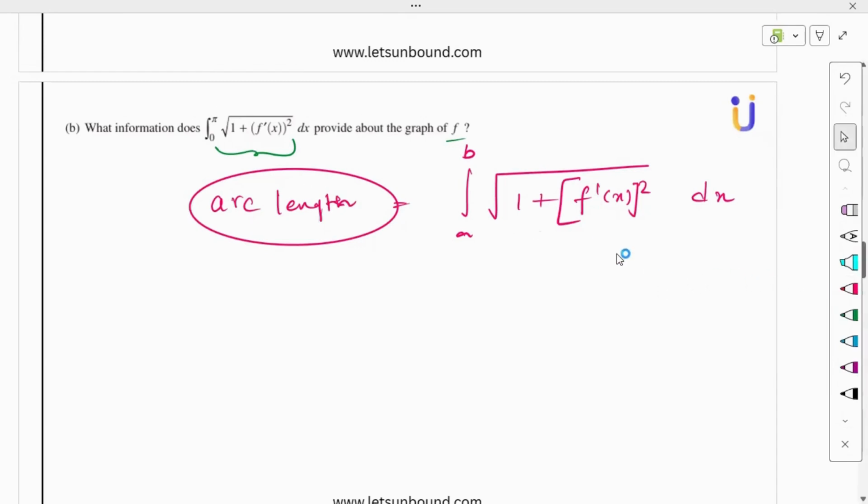So this is the arc length structure, the arc length of a graph. Here the limits are 0 to pi, that's the only difference; the integrand is the same.